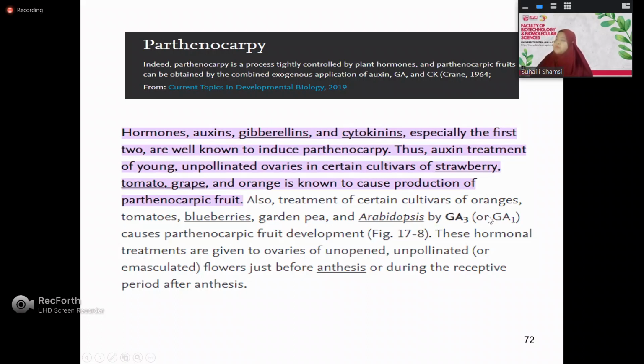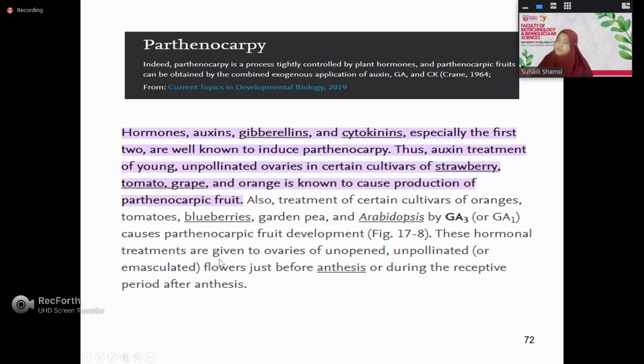Okay, so this GA here supports the growth of the fruits. So auxin induces parthenocarpy, and the fruits produced will then grow in their normal size or grow bigger by application of gibberellic acid.